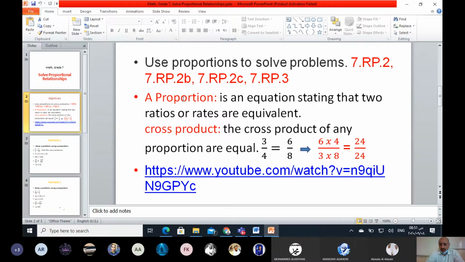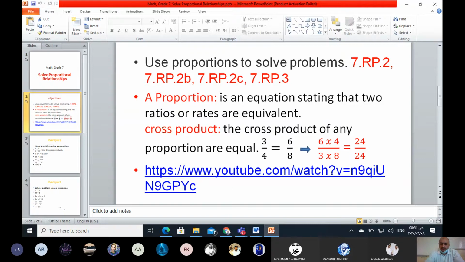As you know, a proportion is an equation stating that two ratios or rates are equivalent.